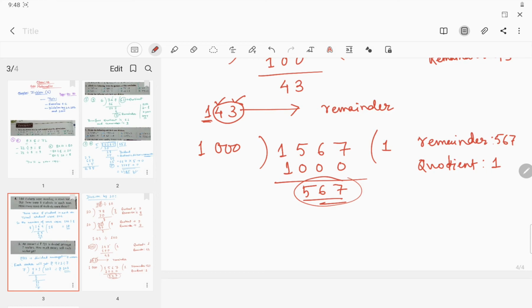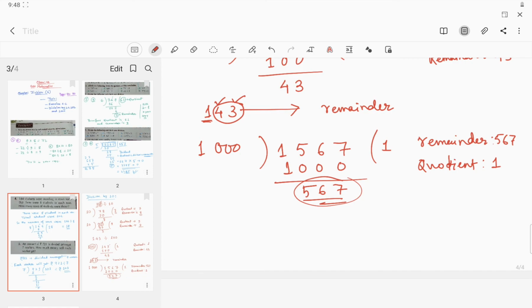So what did we learn? When a number is divided by 10, the digit in the ones place forms the remainder, and the remaining part is the quotient.